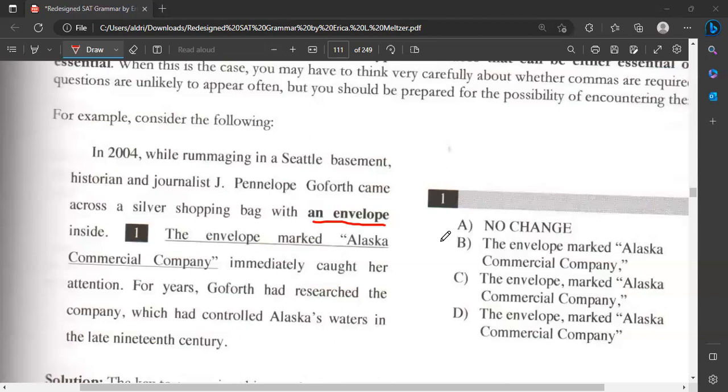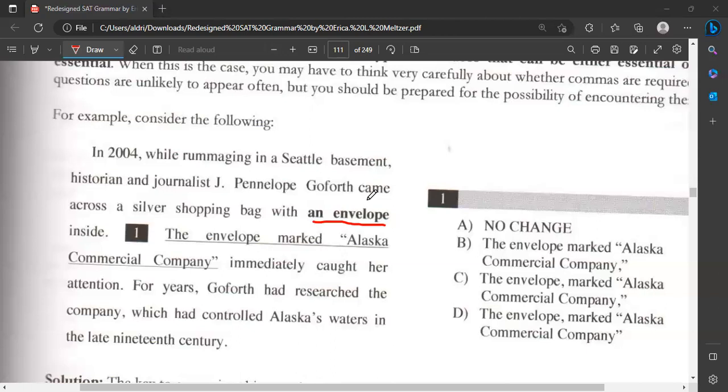So I still got the answer choice B. Oh, sir, on second deliberation, it's C. B was initially my thought, but the reason why I say it's wrong now is because it says the envelope marked Alaska Commercial Company. It's like it's saying that the envelope is the one in conjunction with the Alaska Commercial Company, while choice C says the envelope and there's a comma, so it's describing the envelope. Choice B does not do that.